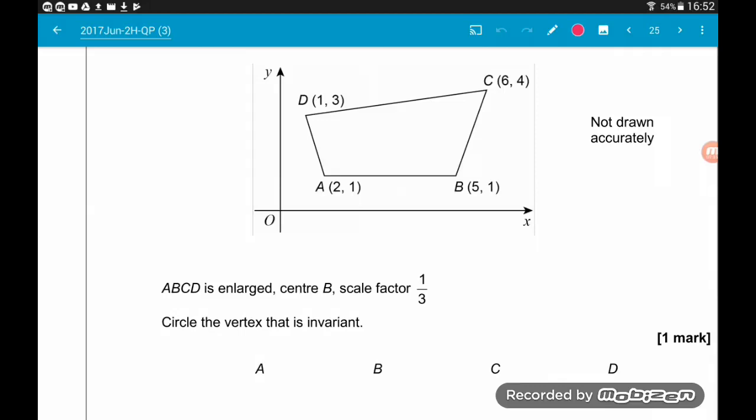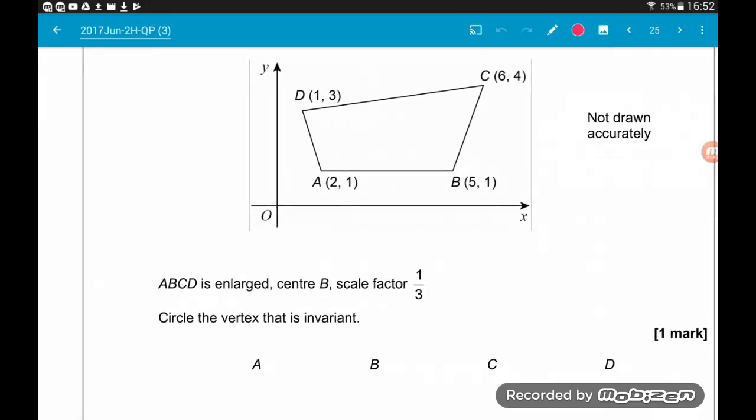And then we're asked which vertex is invariant. So if we're enlarging this shape with reference to point B, with a scale factor of 1/3, every other point, A, C, and D, gets moved closer to point B. In fact, everything ends up 1/3 of the distance away from B. The only point that doesn't move is B itself.